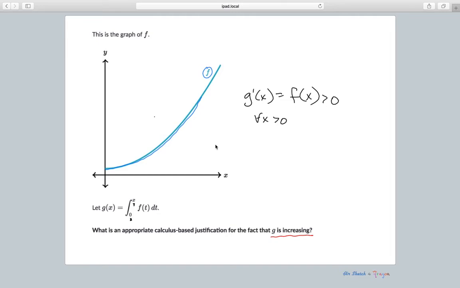And so what we've said is that g prime is positive, therefore g is increasing. It's just called the ID test, the increasing, decreasing test. We learned it early on, but looking at the sign of a function's derivative tells you where the original function increases or decreases.